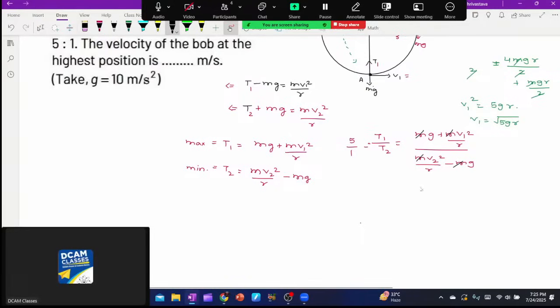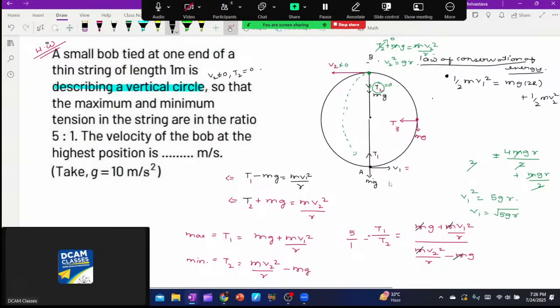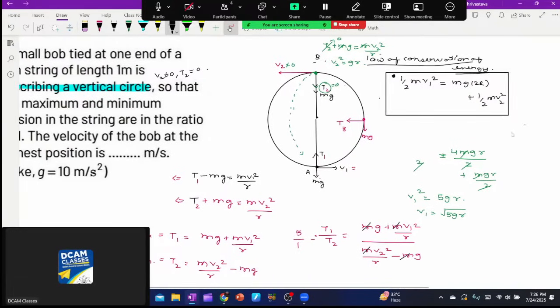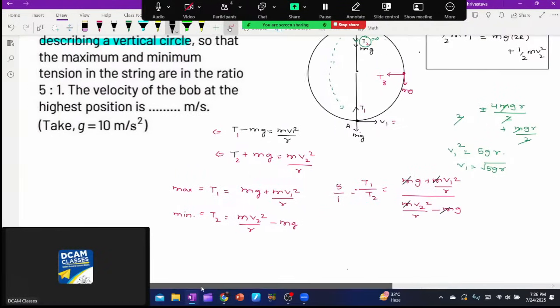See, to get the value of V2, you have to apply the law of conservation of energy between A and B. That's all. This equation you have to apply. You do not have to put that condition. The root 5gr condition you need not put here. Getting it?